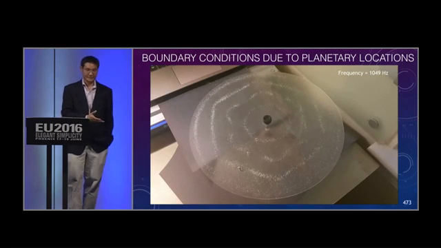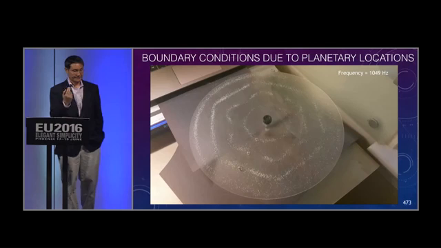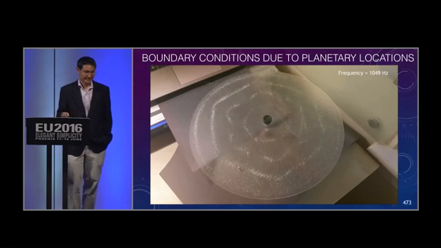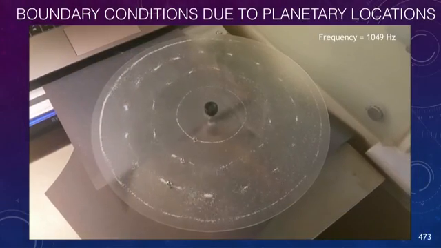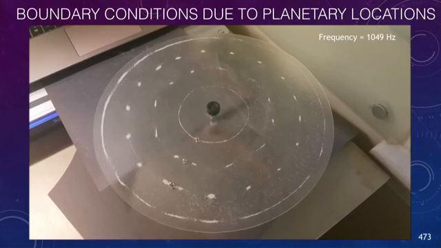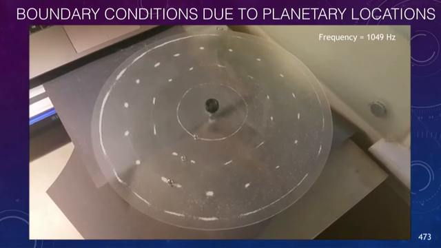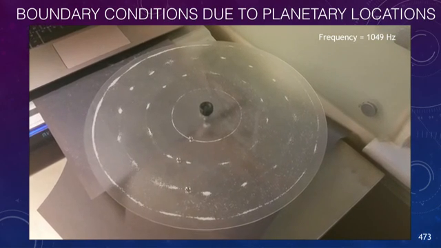Now we're going to 3 planets. This is going to be more interesting, we're going to start to see something even finer. So this is when we have 3 planets aligned with each other.